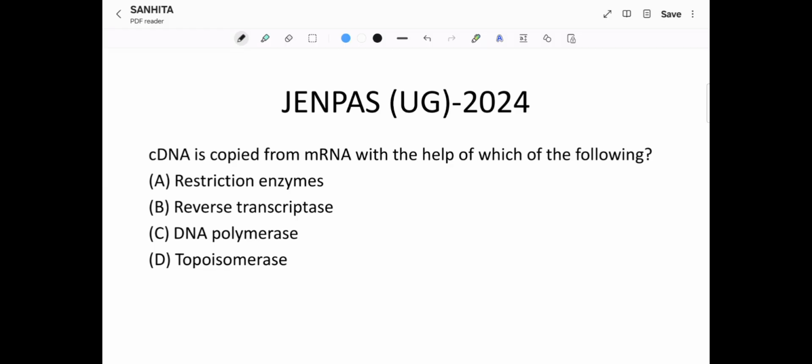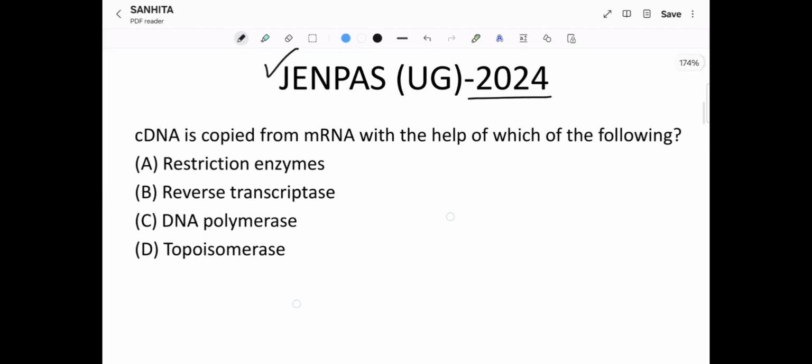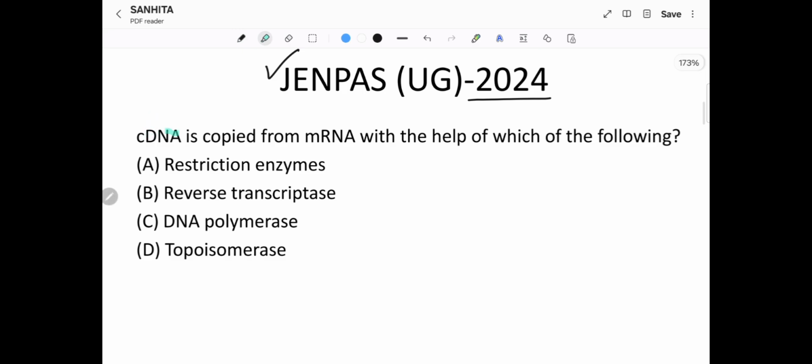So, here is the question that I have selected. It has come in JENPAS UG 2024, very recent, and firstly we will see the question: cDNA is copied from mRNA with the help of which of the following?